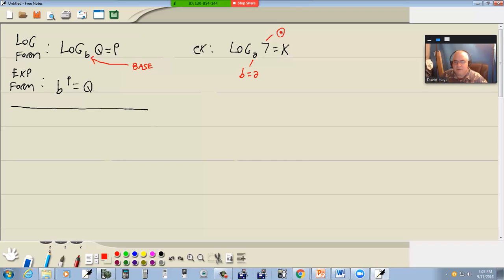So the 7 is our q. And then the other side of the equals is our p. Now our exponential form is b to the p is equal to q. So we just plug in what we identified. We said b was 2, p is x, and q was 7. So our answer would be 2 to the x is equal to 7.